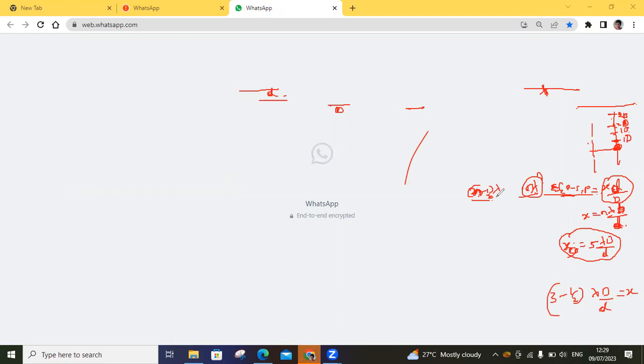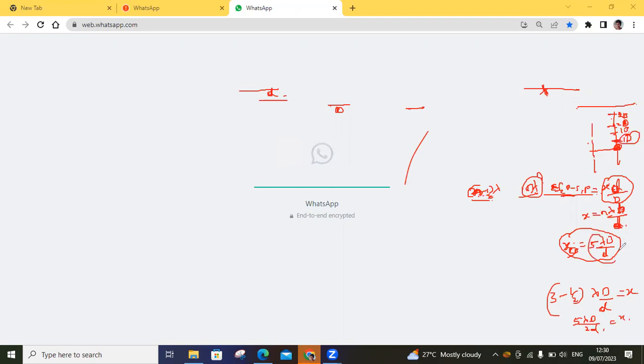So I took n minus 1 by 2 into lambda. If you put n equal to 0, you will get minus lambda by 2, which is not into our consideration. If you put n equal to 1, 1 minus 1 by 2 is 1 by 2, lambda by 2 is first dark. So n equal to 3, third dark you will get. So the position of this third dark will be 3 minus 1 by 2, which is 5 by 2, so 5 lambda D divided by 2d.